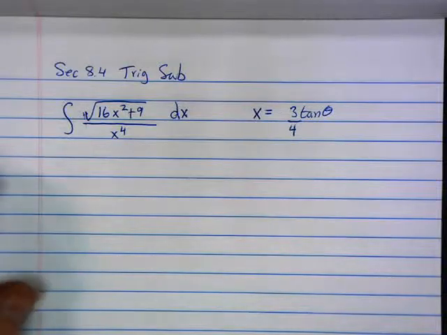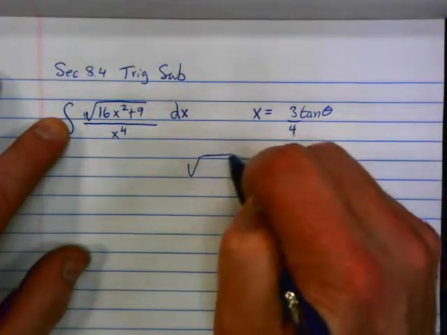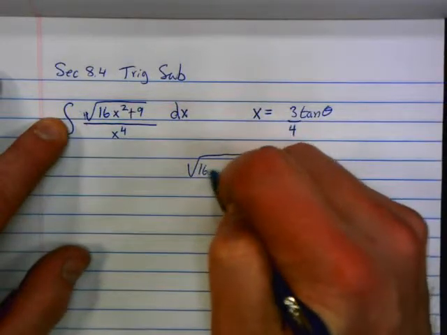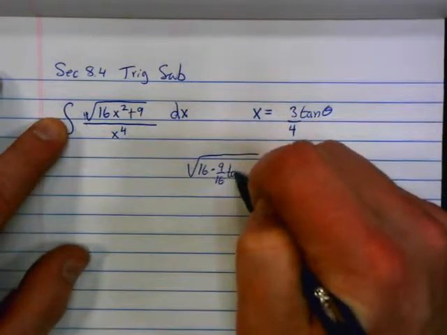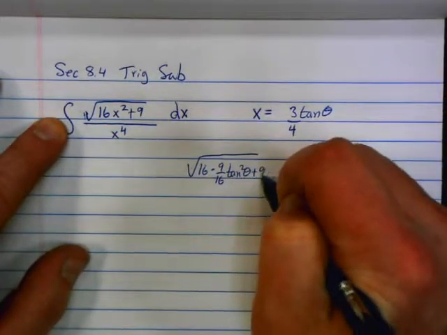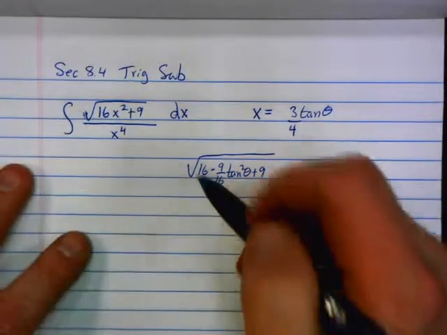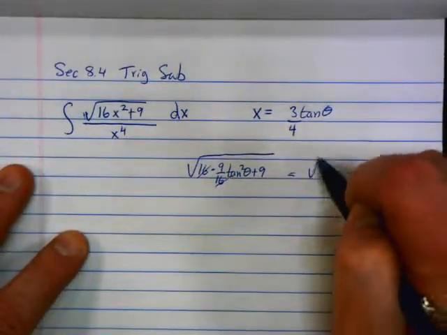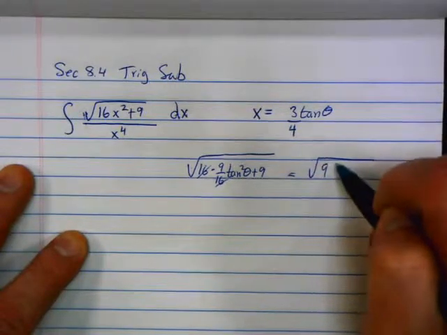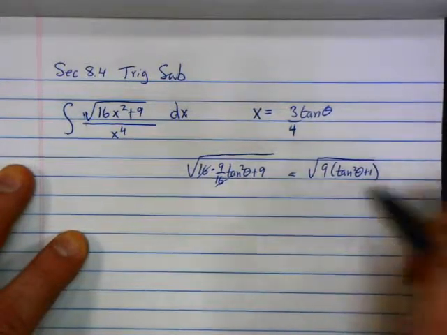Okay, so what we did next is we came over here and simplified this thing. This square root is now going to be 16 times 9/16 tangent squared theta plus 9. These 16s reduce out nicely. We can factor out a 9, and we're left with tangent squared theta plus 1.